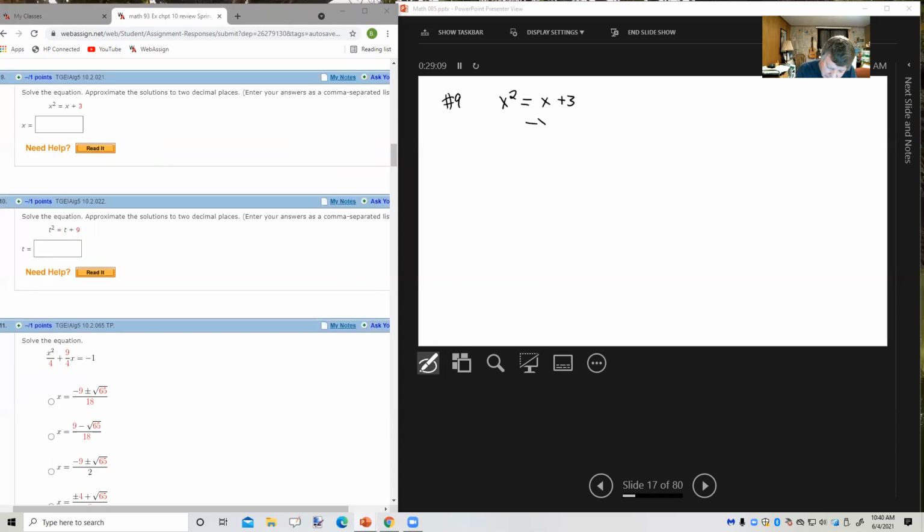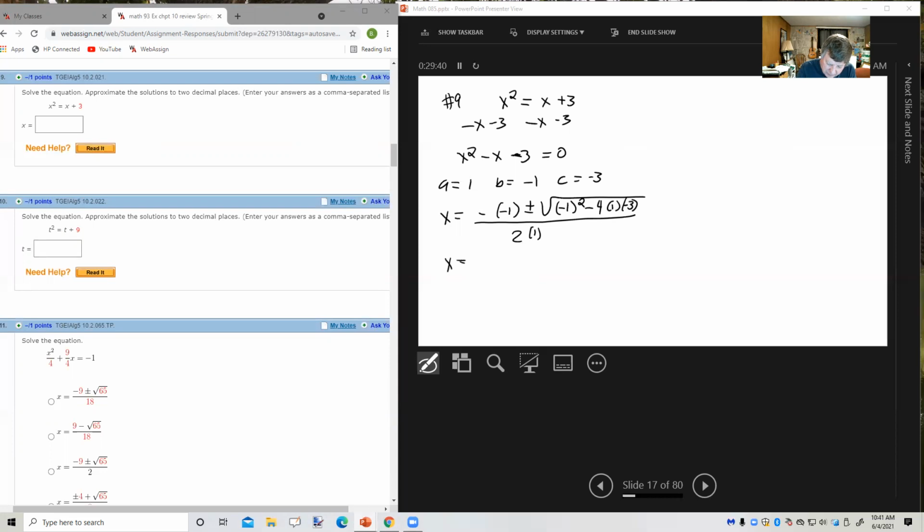So I'm going to move everything over to the left side of the equation because I'd like to have my leading coefficient, that is a, positive. So now a is 1, b is -1, and c is -3. X equals negative b plus or minus the square root of b squared minus 4ac all over 2a.